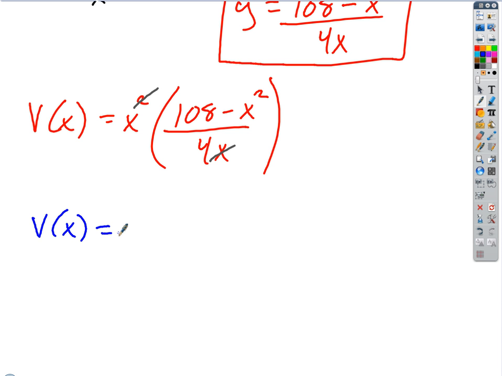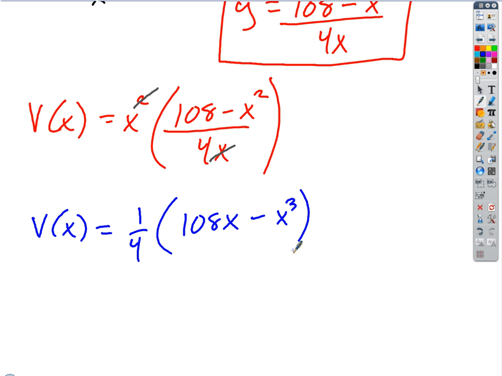Actually maybe I do, never mind, I do, because we're going to have to differentiate. So let's distribute the x. So we got this 1/4 out front, and then if I distribute the x, 108x minus x cubed. Okay. So there is our volume function.